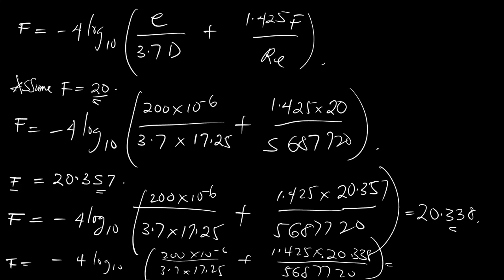So we have the final answer, which is equal to 20.339. So this is our final f value that we're going to use. So now we have f to be equal to 20.339. Now let's calculate the pressure at B.